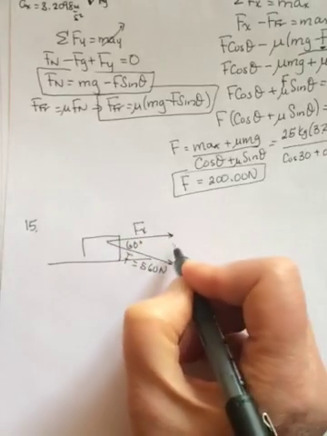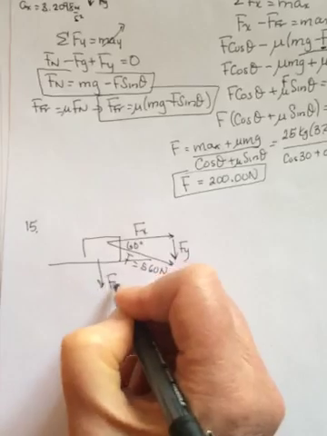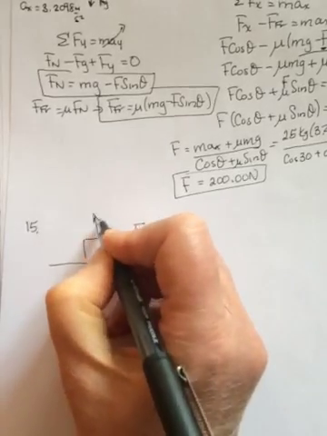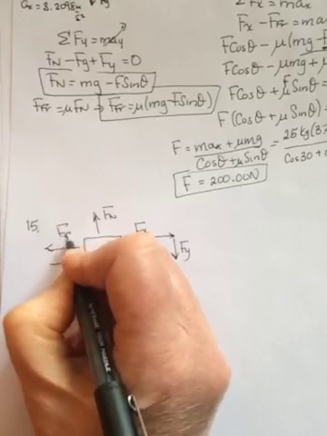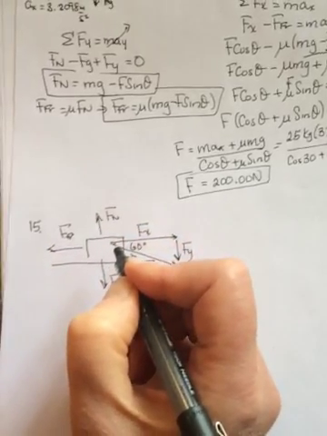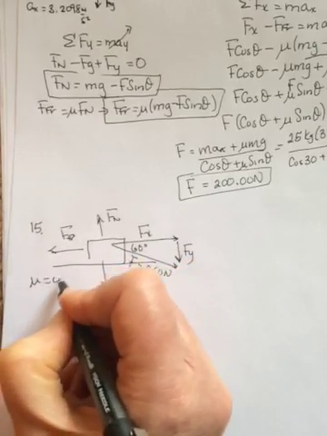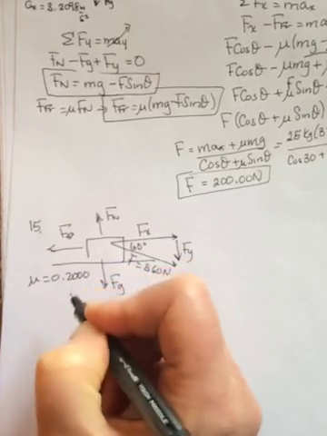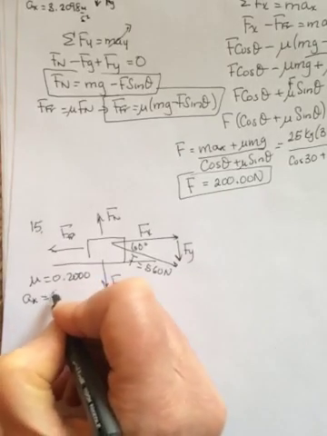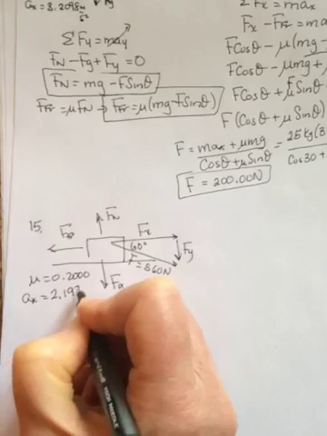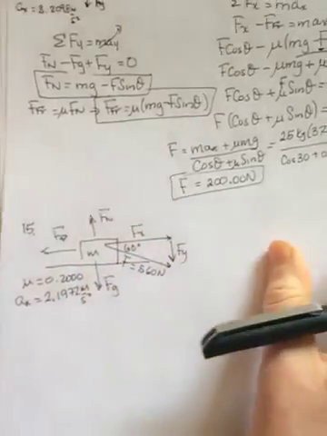This is Fx, this is Fy, this is gravity, the normal force, and friction. And it says the coefficient of friction is 0.2, and it accelerates at a rate of 2.1972 meters per second squared, and it wants the mass.